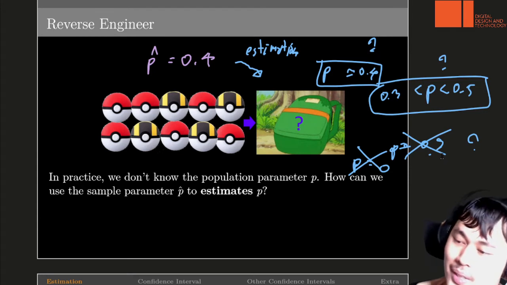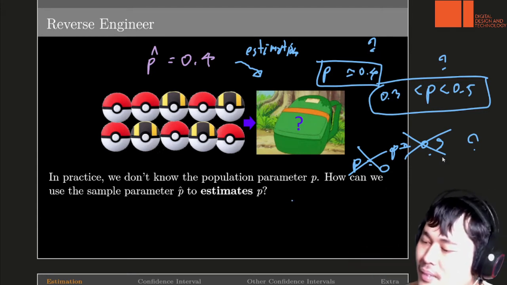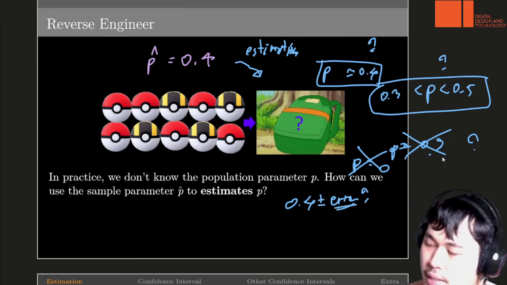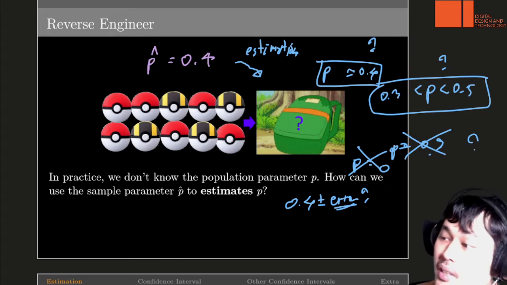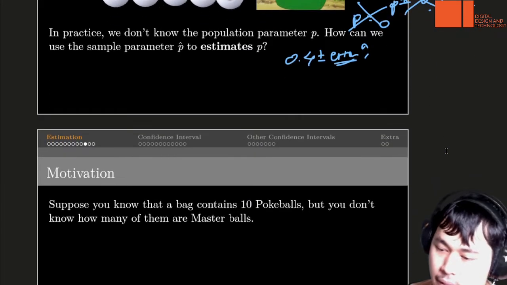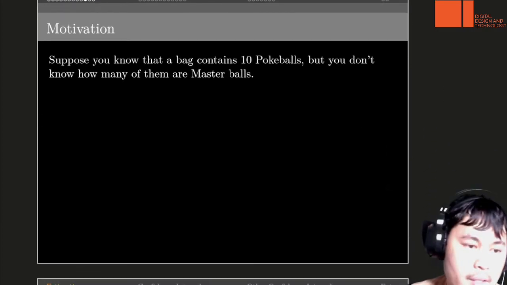How can we know whether it's 0.4 plus or minus 0.1? Plus or minus some error? And the question is, how do we determine what that error is? That's what we're gonna do next. Okay, so that's the motivation here.